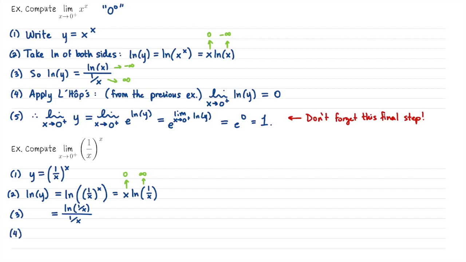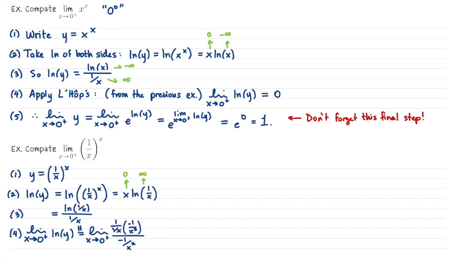All right, so then the limit as x goes to 0 from the right of natural log of y is going to be the limit as x goes to 0 from the right, and let me go ahead and apply L'Hopital's rule. So we'll say that this is 1 over x times the derivative of 1 over x, which is negative 1 over x squared, all over negative 1 over x squared.